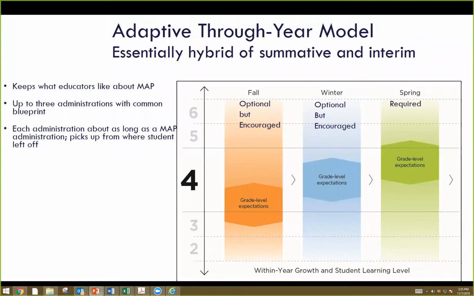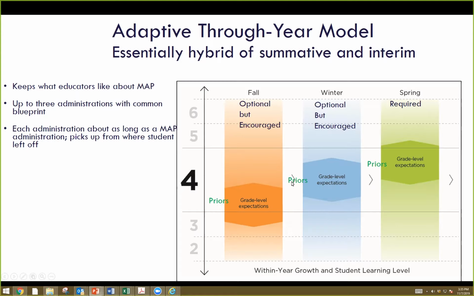It's also important to know that each administration is going to be more efficient than they have been in the past, because we're going to pick up where they left off, right? Each of these is going to be about as long as a MAP administration. So when a student comes in and starts testing in fourth grade, if they used the system in third grade, we can pick up that end-of-year information to better know where to start them, and that will make the test more efficient.